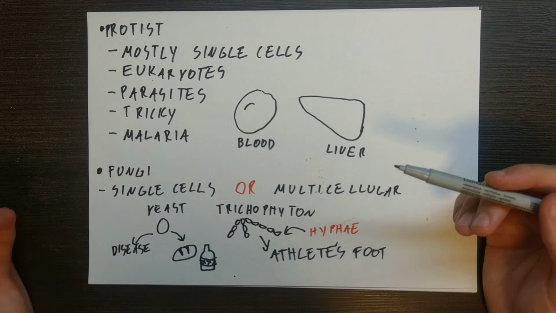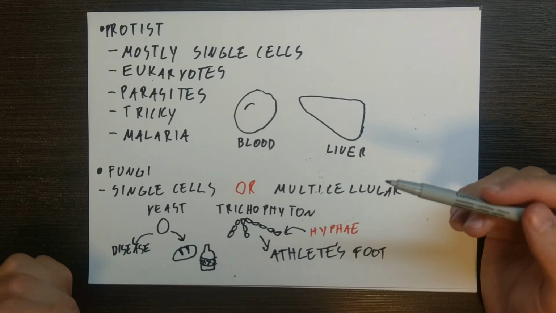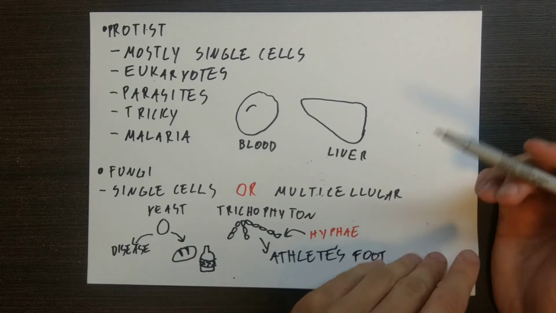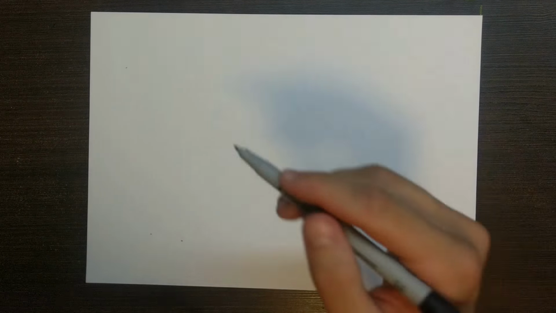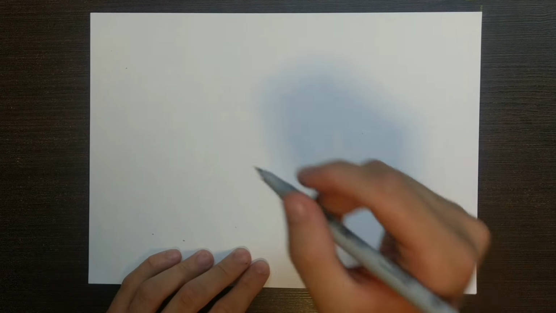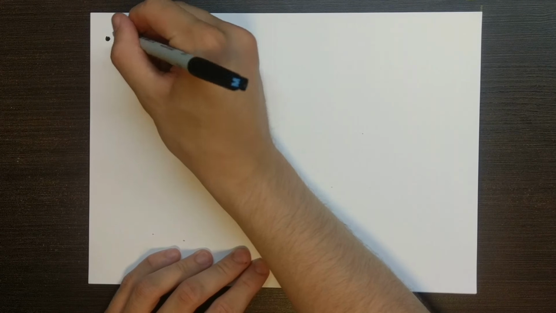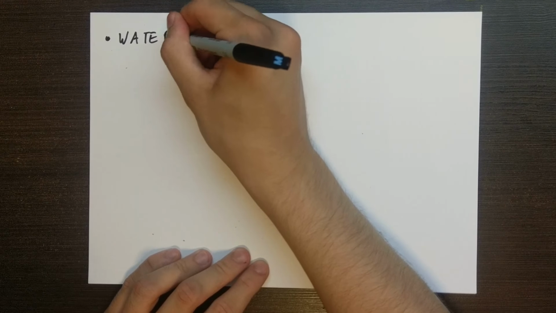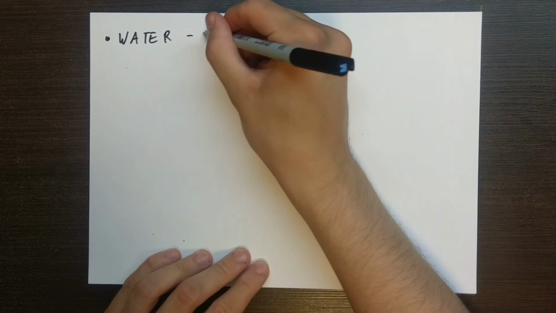However, now we're going to quickly talk about how these pathogens can spread, because they can spread in many different ways. First such way is water. Pathogens can be waterborne. One such example is cholera.